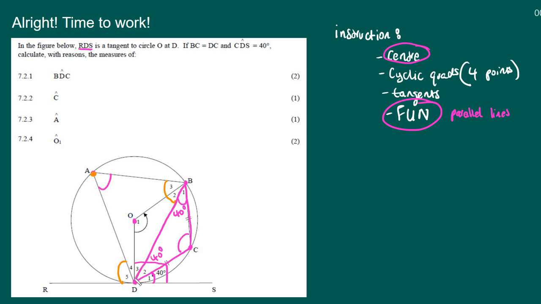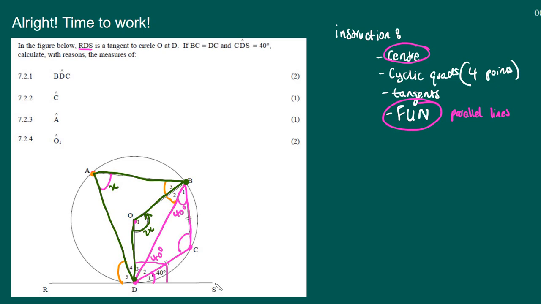You check. If I go to the center, BD is subtending an angle at the center, which is O1. And if I move from the very same 2 points to the circumference, O1 will be double this angle. If this is x, O1 will be 2x. Already you know that.